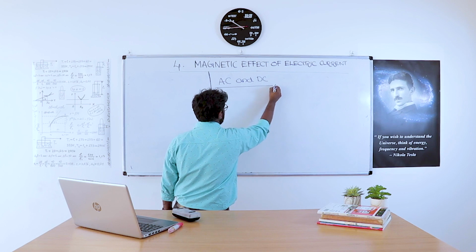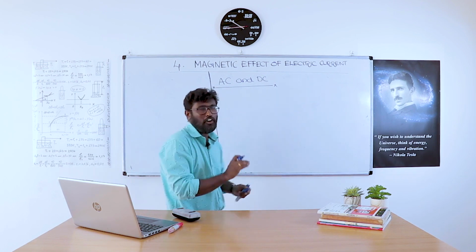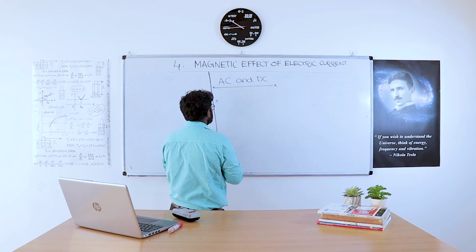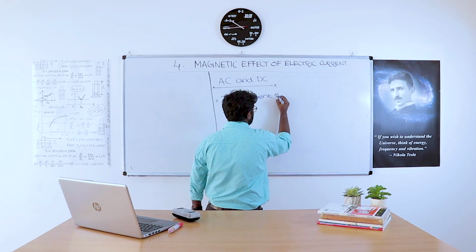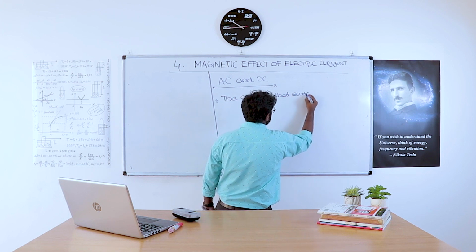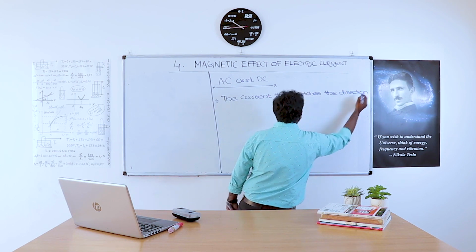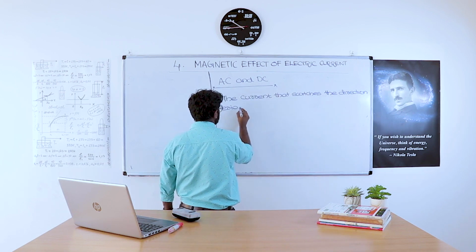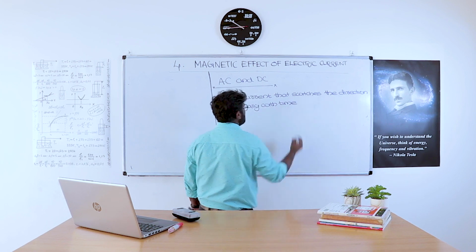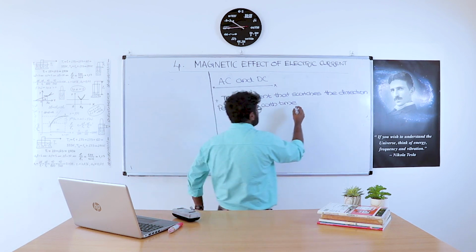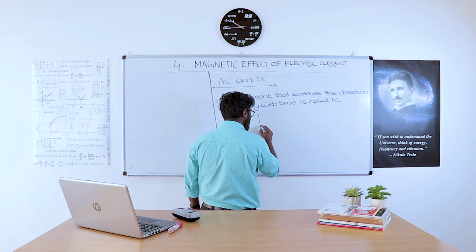The current that switches its direction periodically with time is called alternating current, AC. So here is the diagrammatical representation of AC.